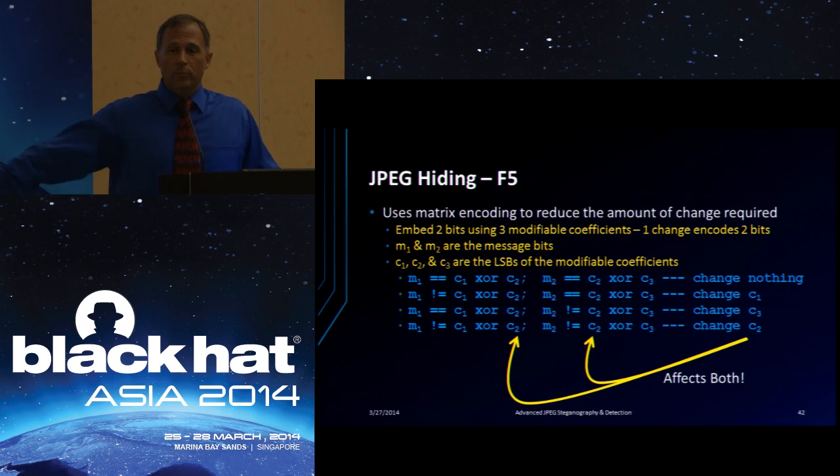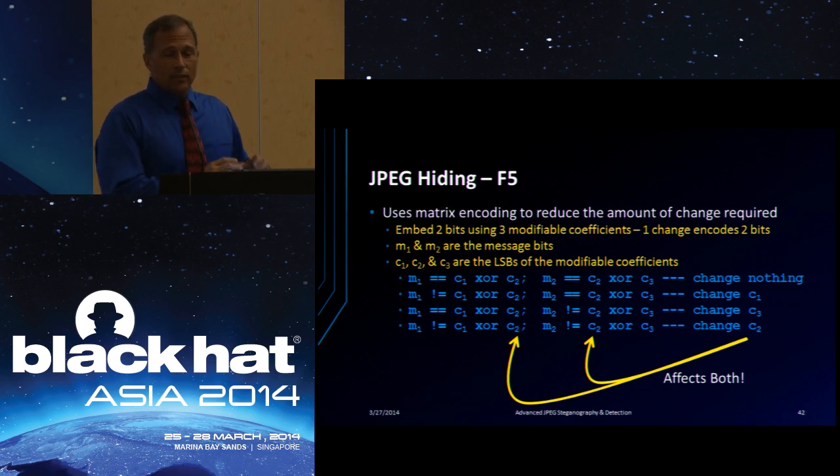No matter what your two message bits are, you only have to make a single change at most to one of the three coefficients. So it reduces the amount of actual change, because change in the coefficients is what gets detected. Change in the coefficients is what can be detected either statistically on the DCT values or on the other technique we're going to talk about, detecting the blockiness.